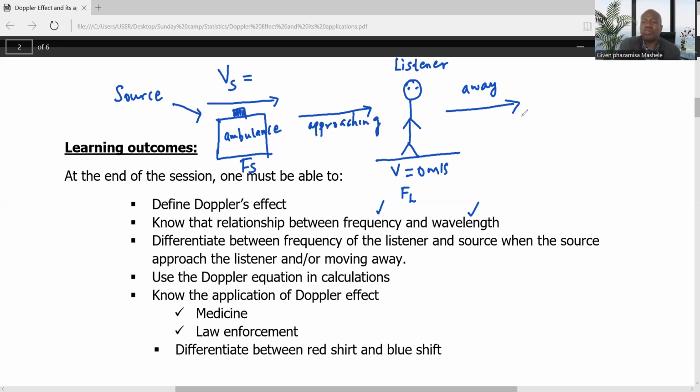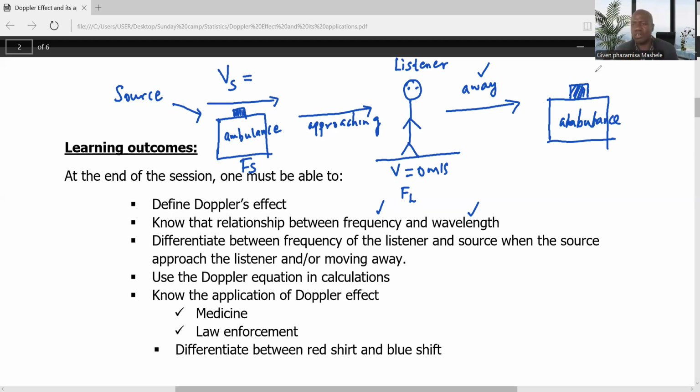So now we want to talk about a case where the source is approaching the listener and also moving away from the listener. Same ambulance, moving at the same speed, just as an assumption, but now we want to compare the observed frequency. The observer and the listener are the same thing. So what would actually happen if the source approaches the listener and suddenly moves away from the listener?